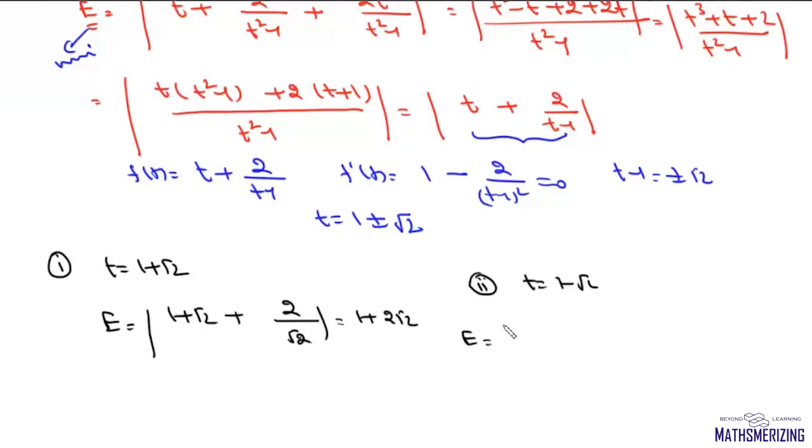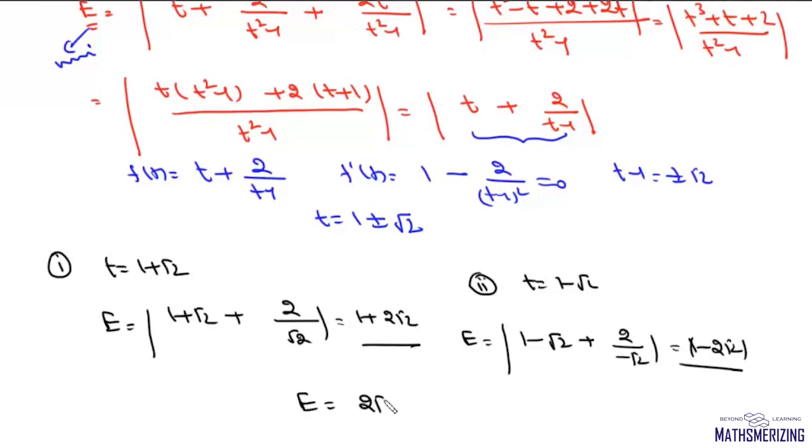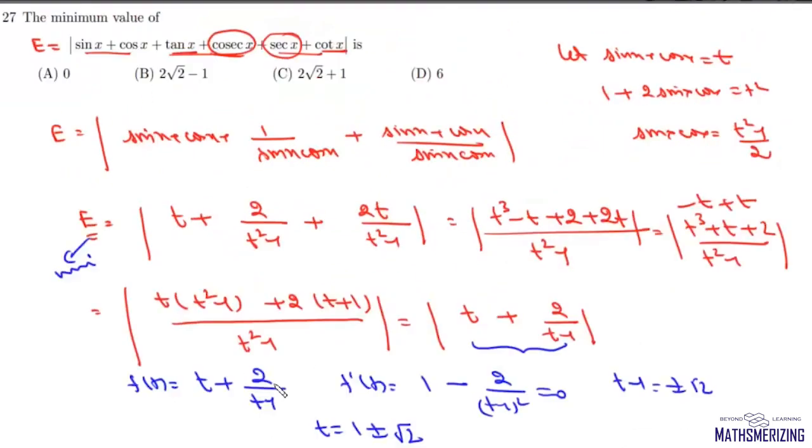In that case, this E will be 1 minus root 2 and then plus 2 upon minus root 2, and there will be mod of 1 minus 2 root 2. Out of these two, the smaller value is 2 root 2 minus 1. So the minimum value of this expression, sin x plus cos x plus tan x plus cot x plus cosec x plus secant x, will be 2 root 2 minus 1, and that's your option B.